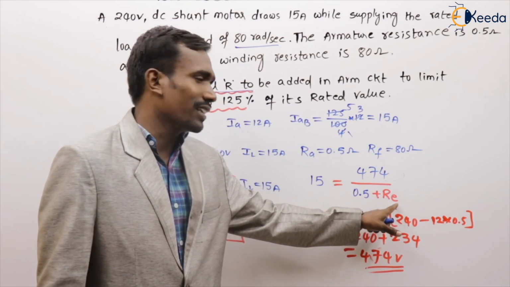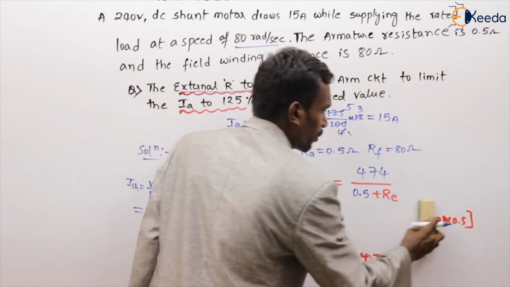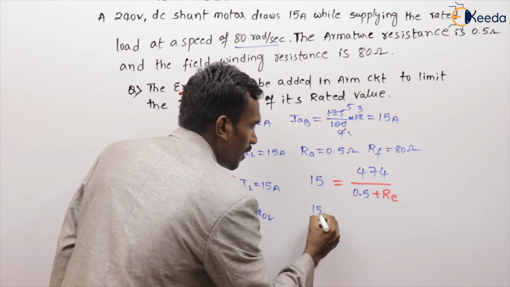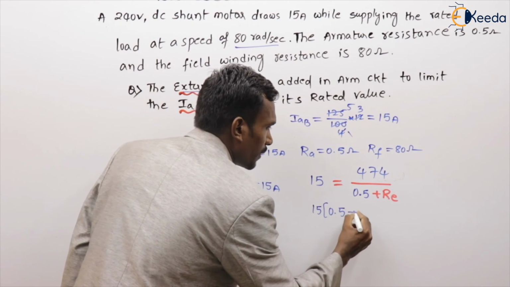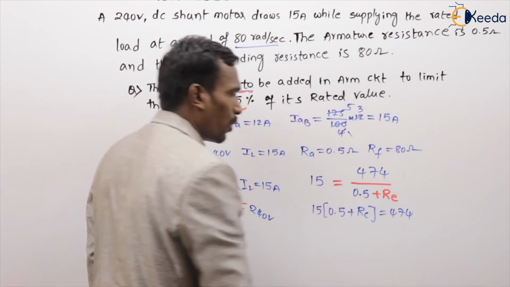We have to calculate this value. 15 times (0.5 plus RE) is equal to 474.